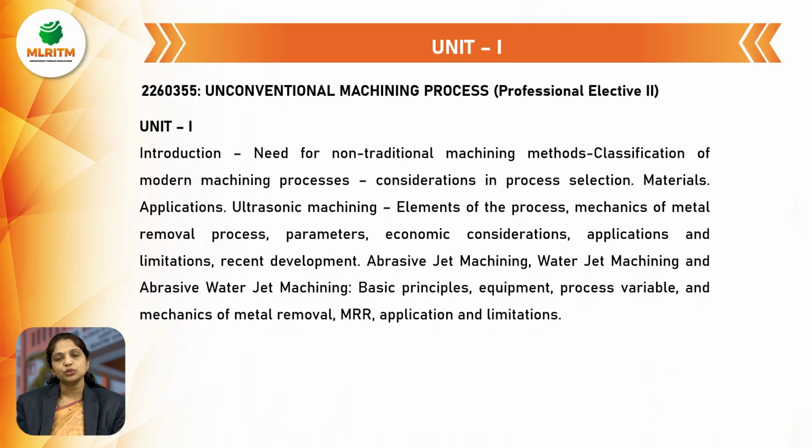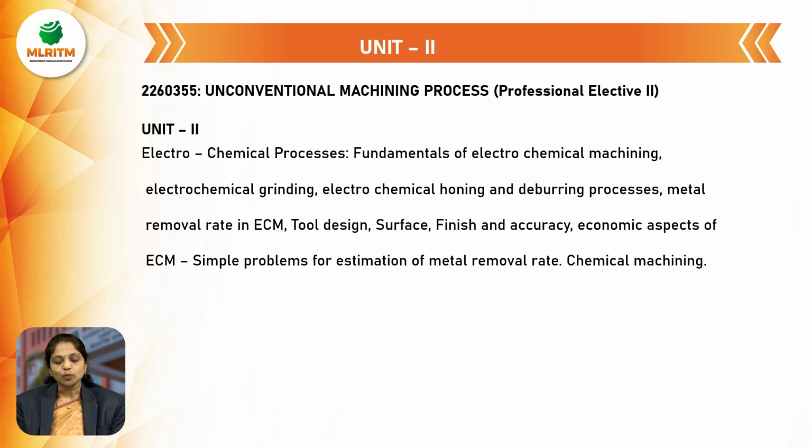In the first module, we should know the difference between the conventional and unconventional machining process, what an ultrasonic machining process is, and what the maximum material removal rate will be. In water jet machining, we know the principles, applications, limitations, and the parameters which influence increasing the metal removal rate for ultrasonic machining process.